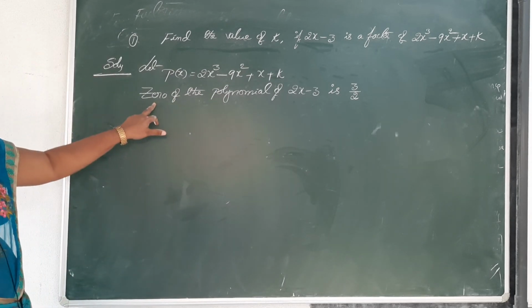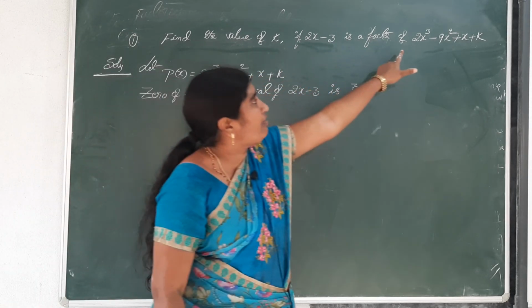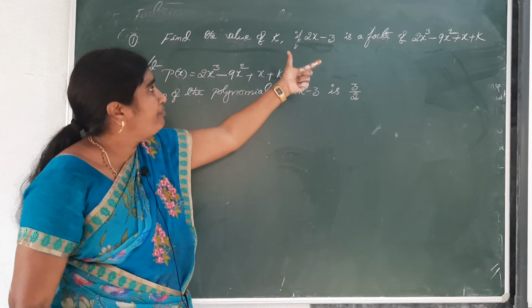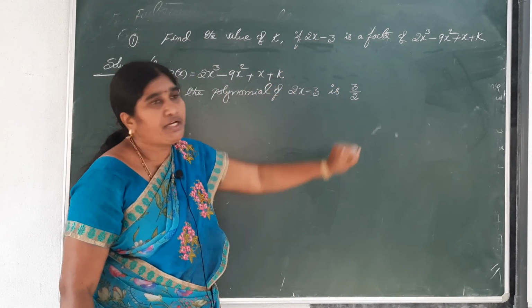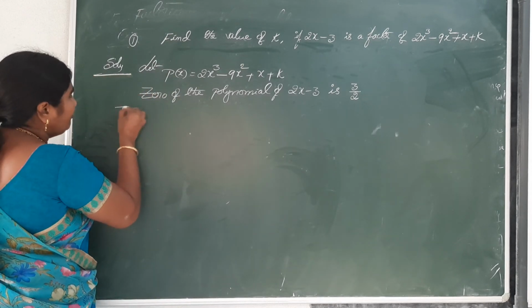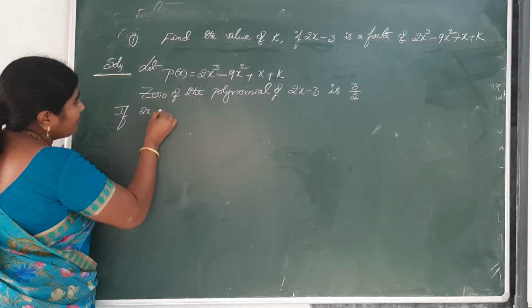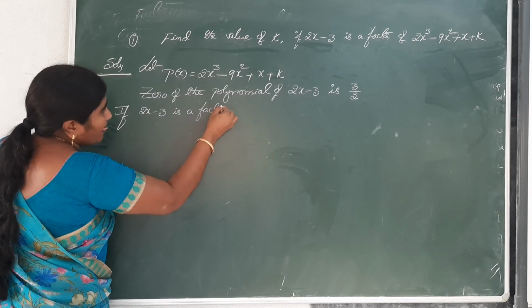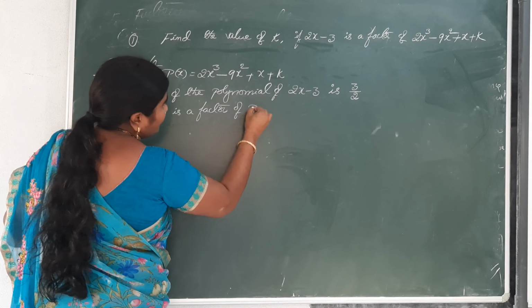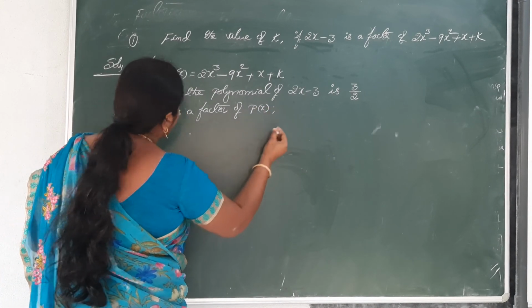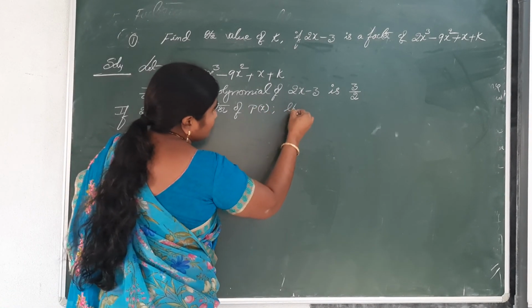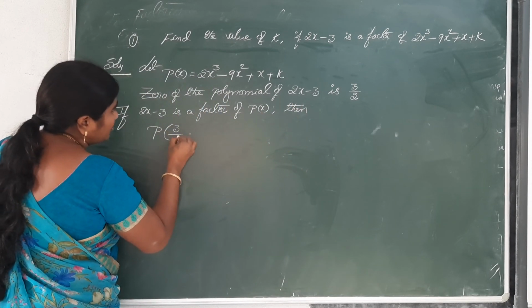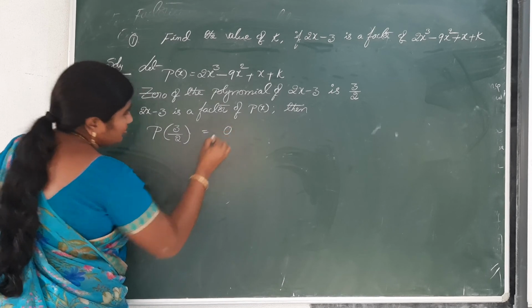If 2x minus 3 is a factor of 2x cube minus 9x square plus x plus k, by factor theorem, p of 3 by 2 equal to 0. If 2x minus 3 is a factor of p of x, then p of 3 by 2 equal to 0.